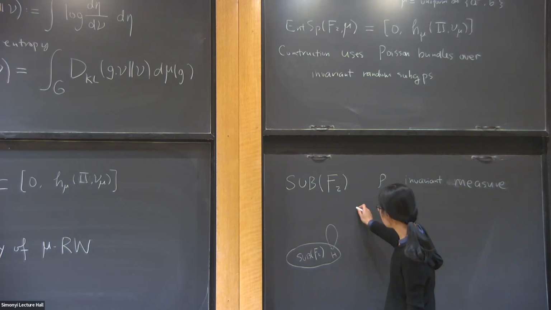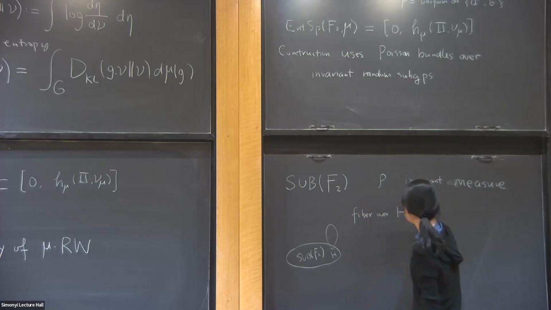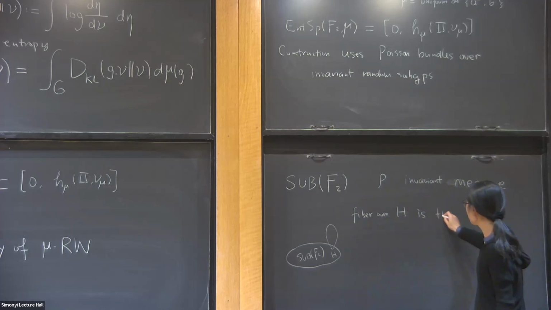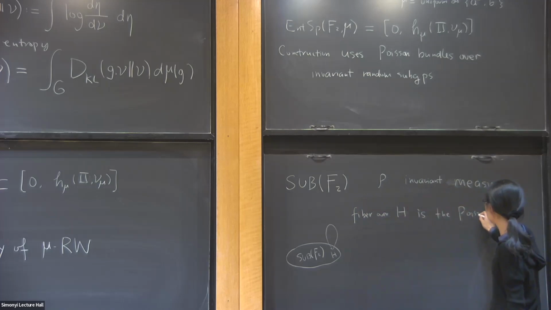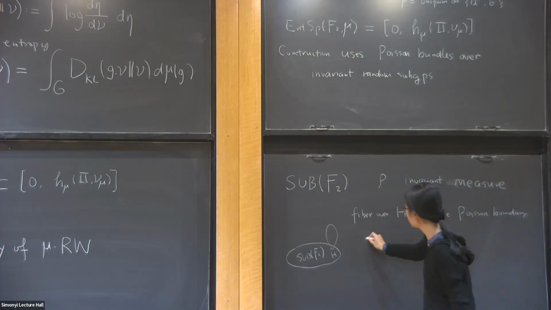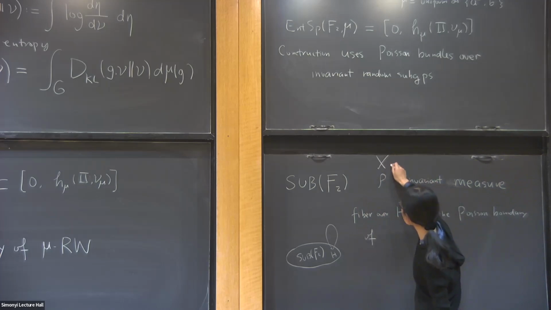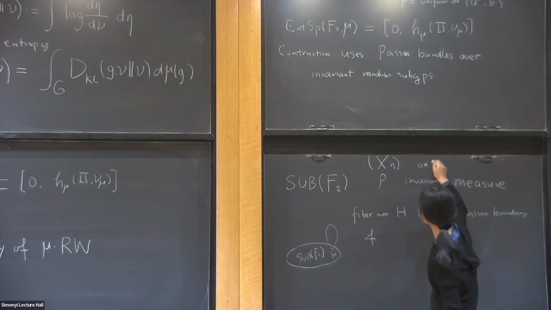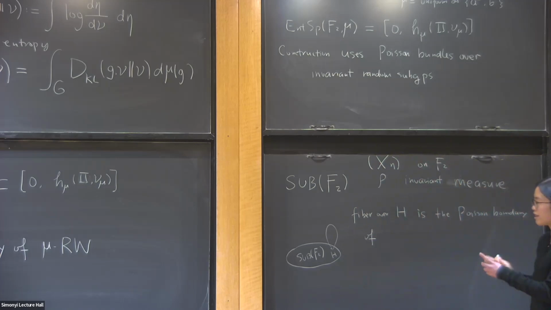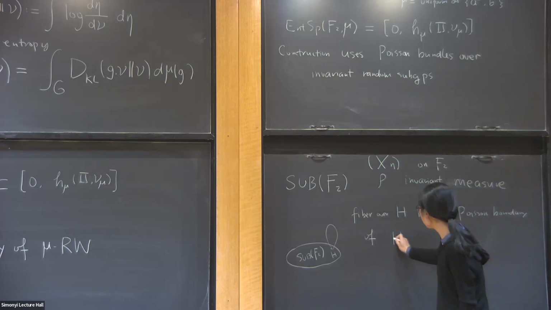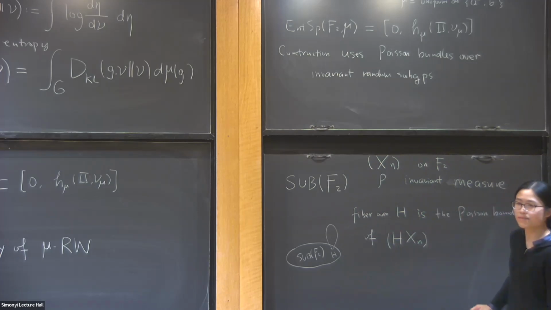The fiber is the Poisson boundary of this coset random walk. So you have a random walk, say Xn on F2. So just do this: every time you choose uniformly one of your neighbors, and then you project it down. So this way you get a random walk on the coset space.